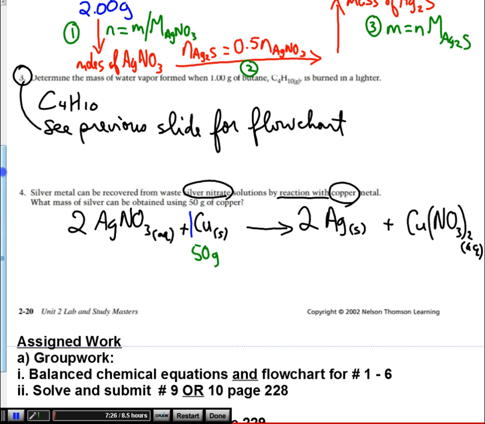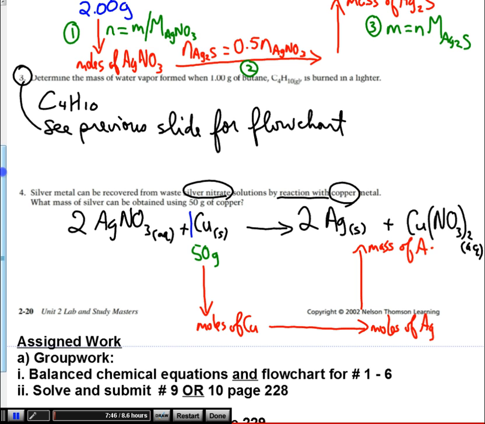We can from this go to moles of copper, moles of silver, mass of silver. So this is simple stoichiometry method. Step 1, step 2, step 3, and label these here with formulas.